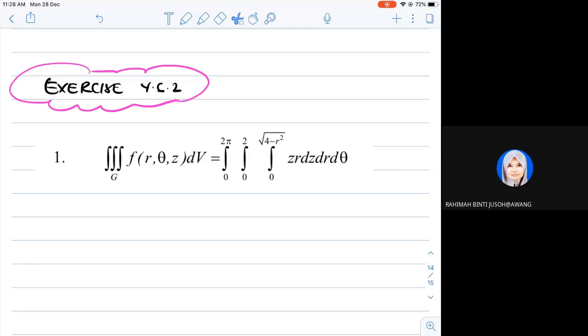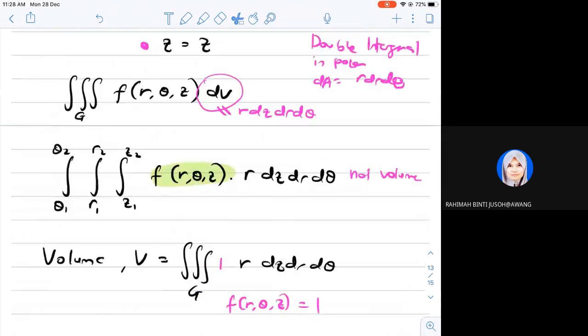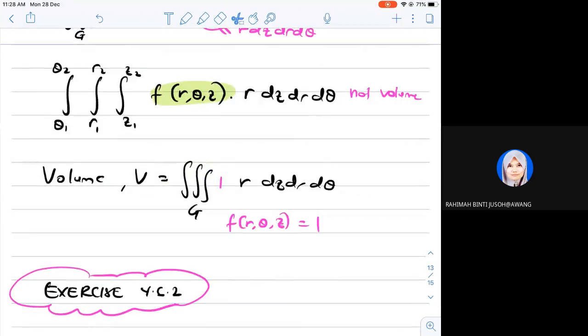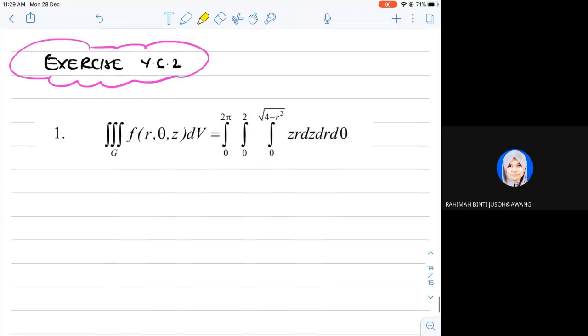Okay guys, earlier I reminded you that when calculating volume, our function equals 1 in the middle, isn't it? Then behind it there are the four siblings, r, dz, dr, dθ. That is volume. If there is a function in the middle, it is not volume. So the answer is not volume.